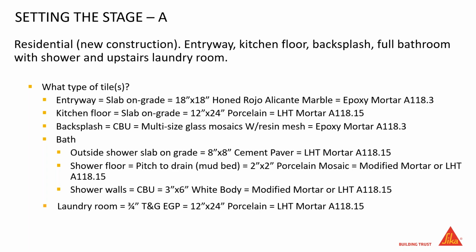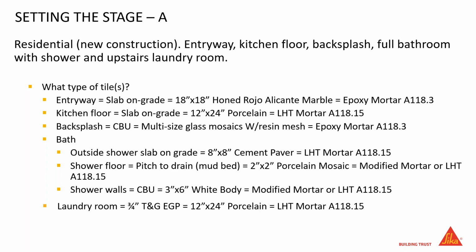Now, we all know the rule of thumb with LHT mortars, that defining line of tile size: 15 inches or greater on one side, move to an LHT mortar. But part of that definition for the H is heavy. And we know that an 8x8 1/2-inch paver by itself is fairly heavy.